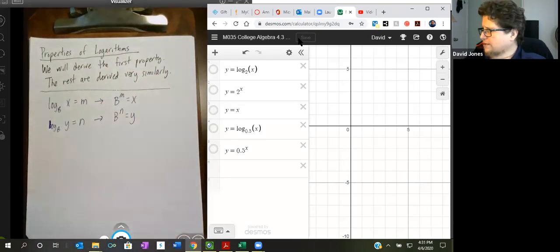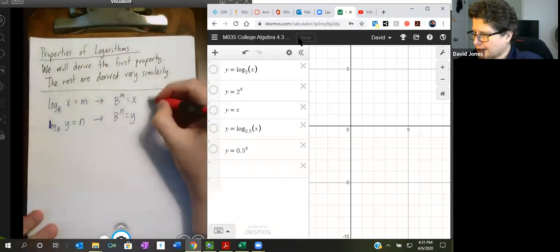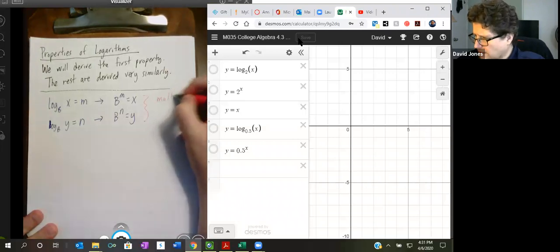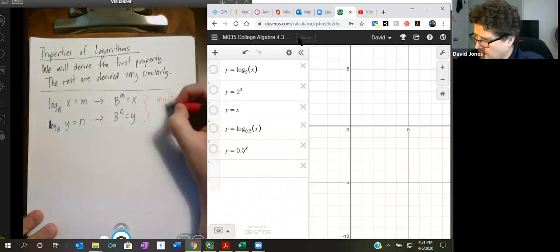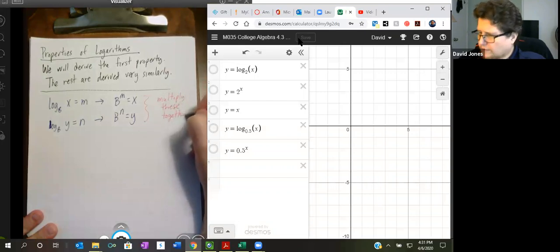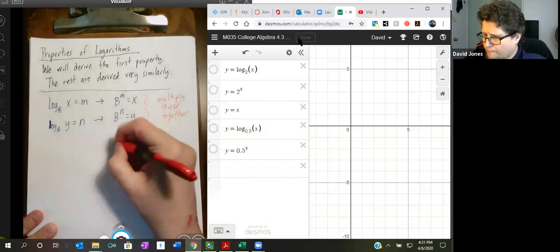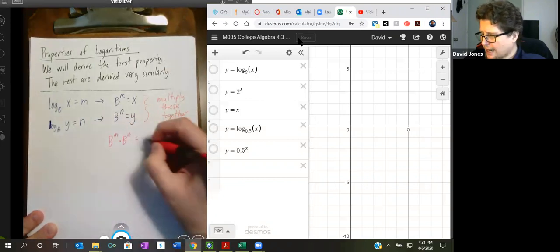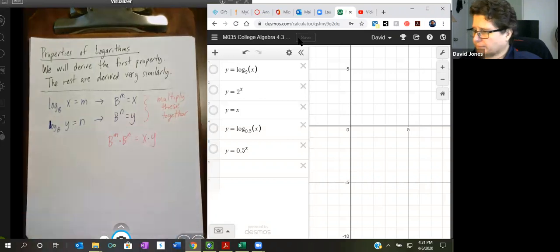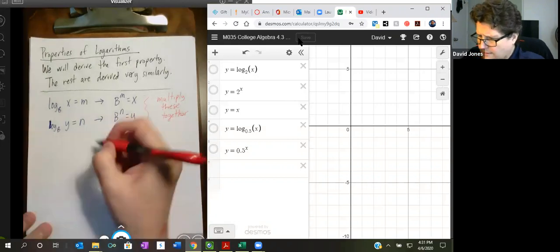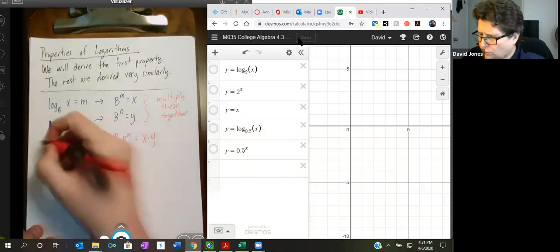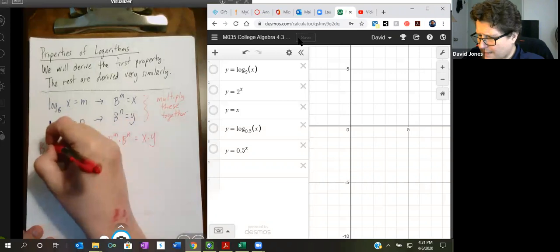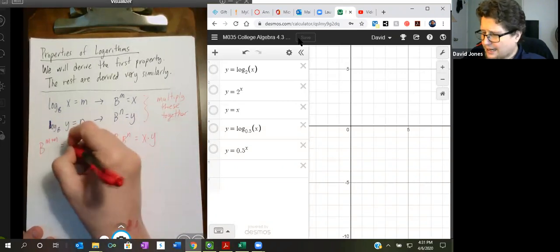And now I'm going to multiply these together. So I have b to the m times b to the n equals x times y. And the rules we have for exponents say I can make that b to the m plus n equals xy.